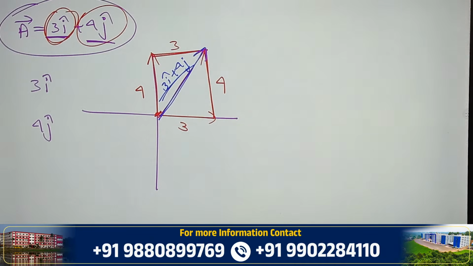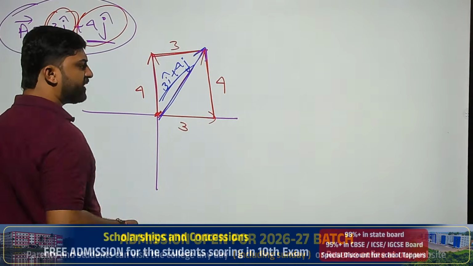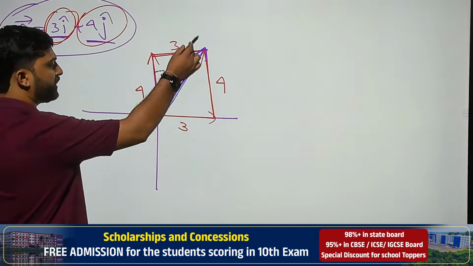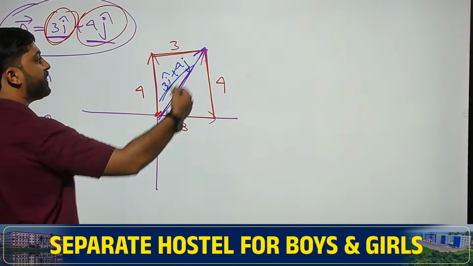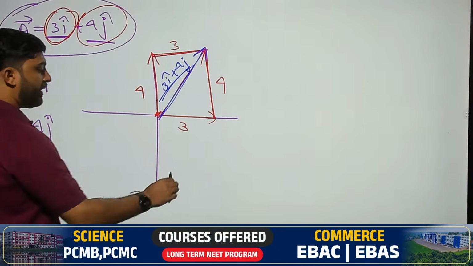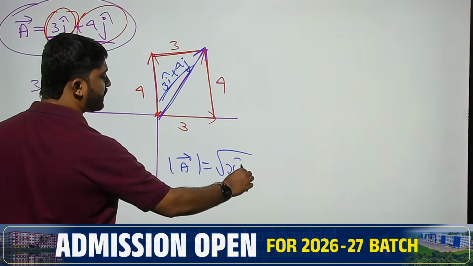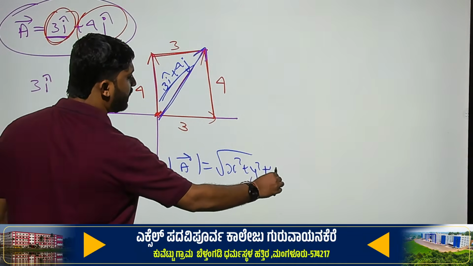Okay, and if they ask what is the length of this, you can use the trigonometry also. This is 4, this is 3, this will be the hypotenuse, the length will be 5. Or else we can use the mathematical formula. What is magnitude of a vector? Magnitude of a vector is root of x square plus y square plus z square.